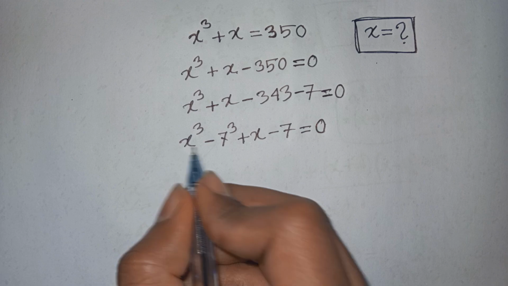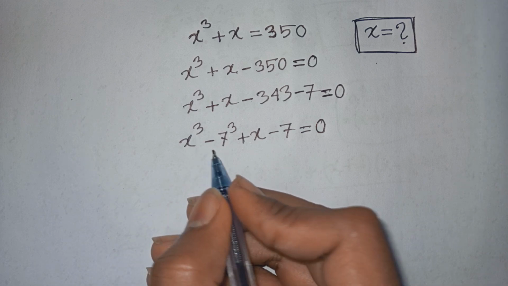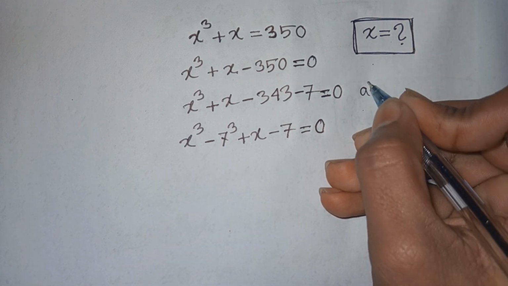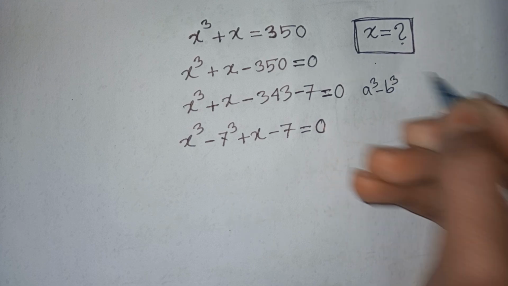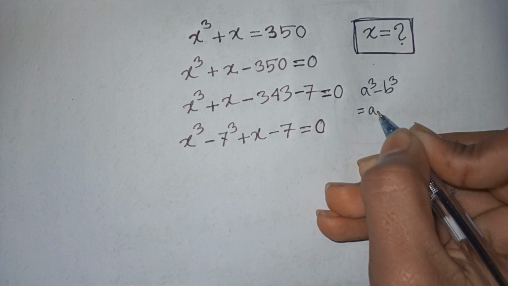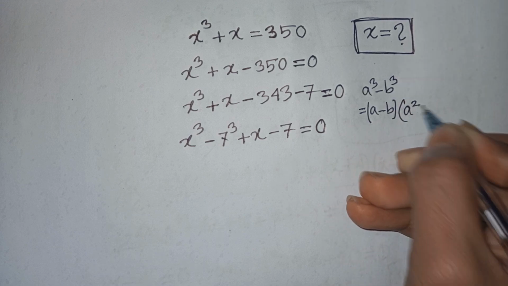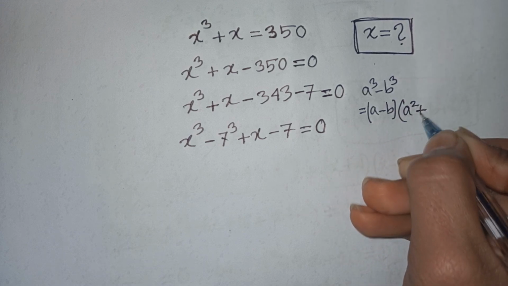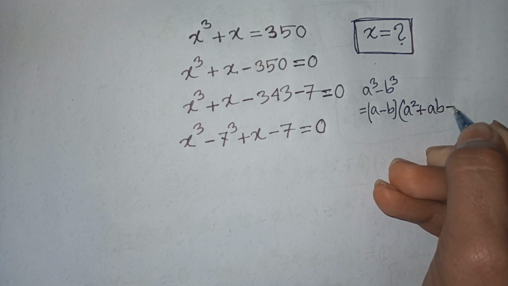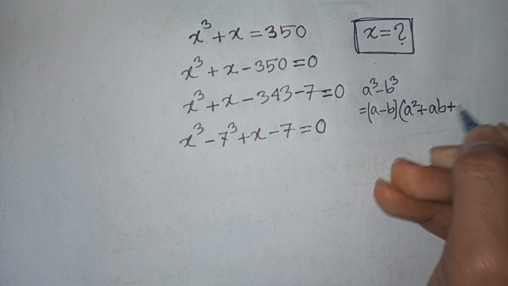A is x, b is 7. So according to this formula, a cube minus b cube is equal to a minus b times a square plus ab plus b square.